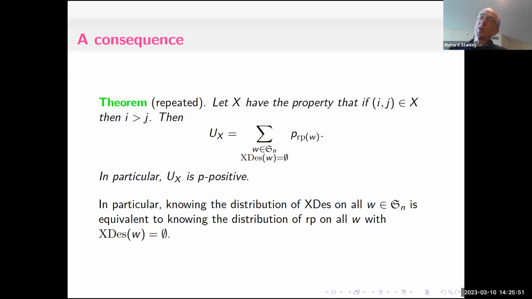Kind of surprising. Why is the information about record partitions on permutations with empty X descent set the same as the distribution of X descent on all permutations? But this shows that information is equivalent.